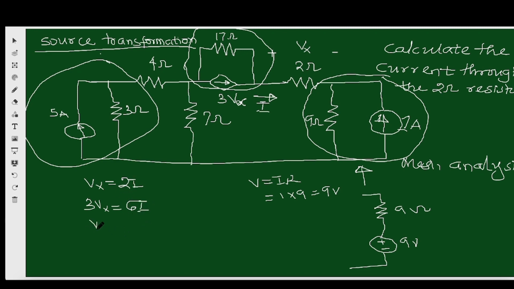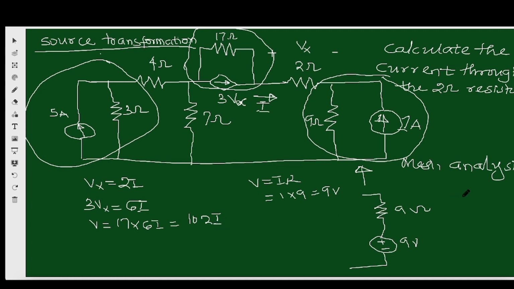So if you have to get the voltage that will be transformed from that current source, what do we have? It will be 17 multiplied by 6I, which will be 102I. Right?